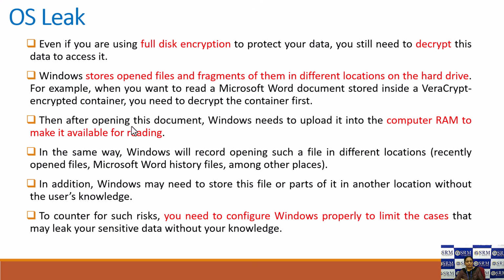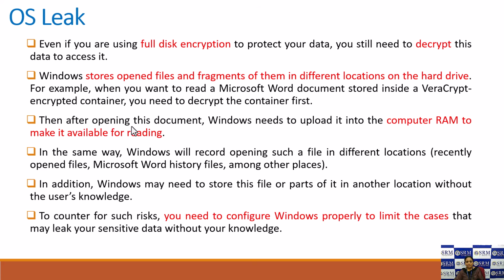For example, if you want to read a Microsoft Word document stored inside a VeraCrypt container, we need to decrypt the container first. Then, after opening this document, Windows needs to load it into the computer RAM to make it available for reading. In the same way, Windows will record opening such a file in different locations, such as recently opened files, Microsoft Word history files, and some other places, system restore points.